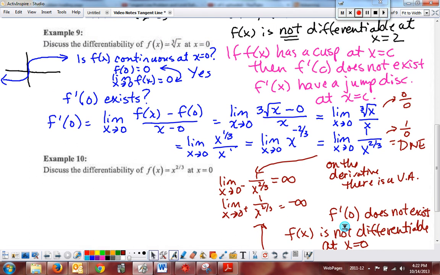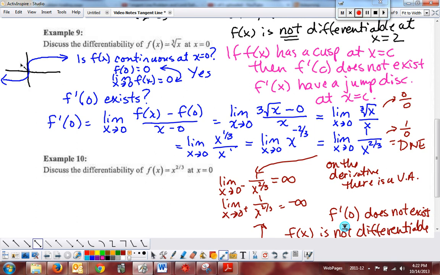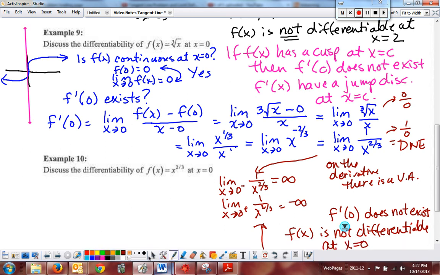Well, let's draw in our tangent line and take a look at this. So my tangent line, if I draw it in at x equal to 0, I get a vertical line. Now, why would a vertical line have a tangent, a slope that doesn't exist? Because the slope of a vertical line is undefined.